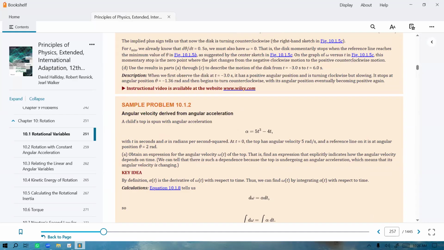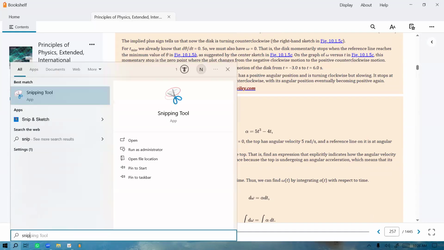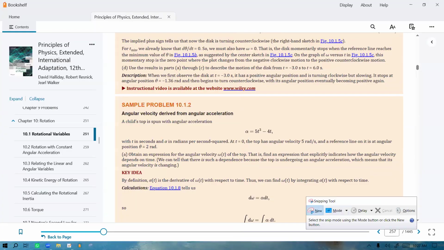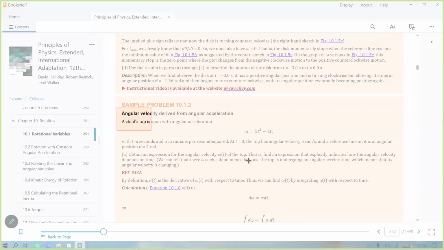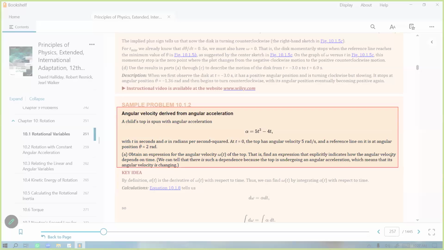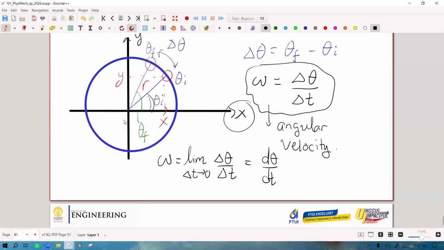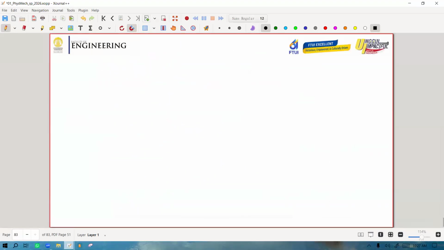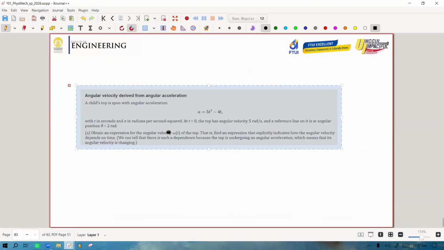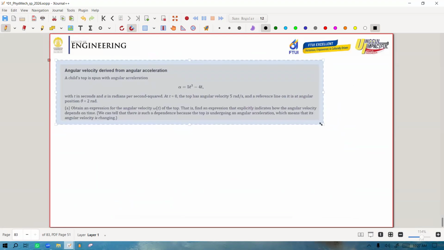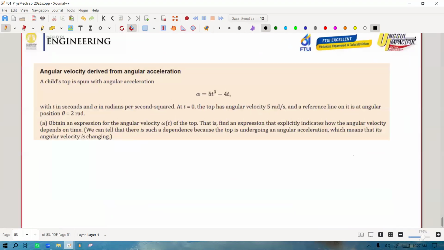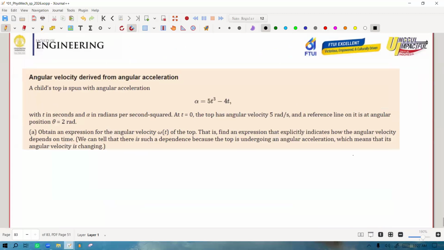So for example, for this problem, let's see how angular velocity is derived from angular acceleration.